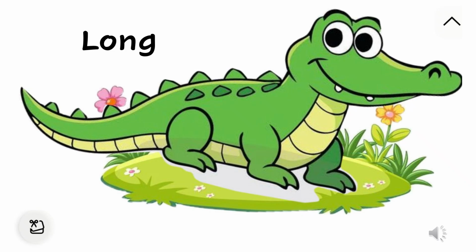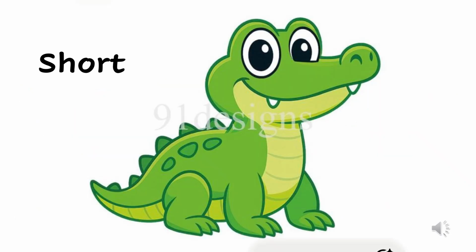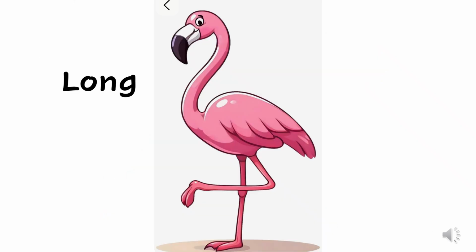This is a lovely alligator. Its body is long. This is a baby alligator and its body is short. A beautiful flamingo. It has a long neck and its legs are also long.